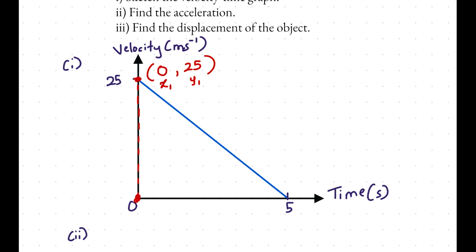Every time you are asked to write the coordinates of a point, you take the x value corresponding to that point and the y value corresponding to that point. Then if you look at this point, what is the x value corresponding to this point?